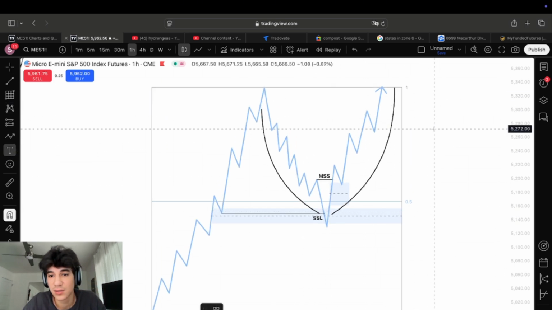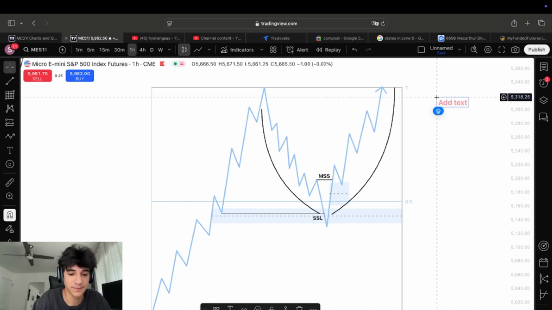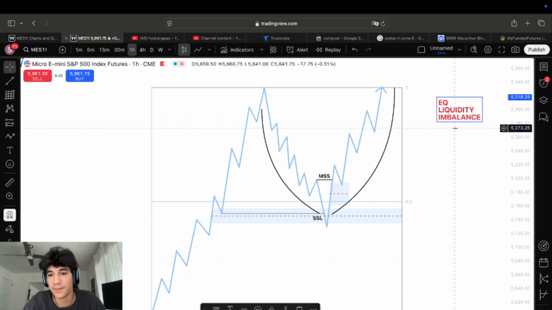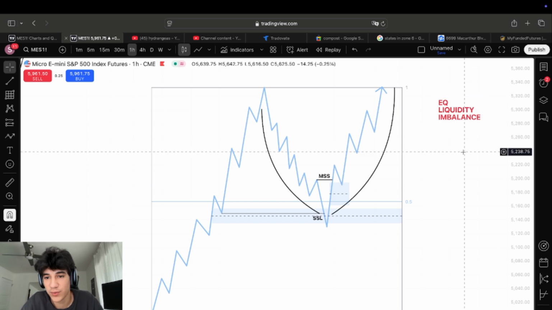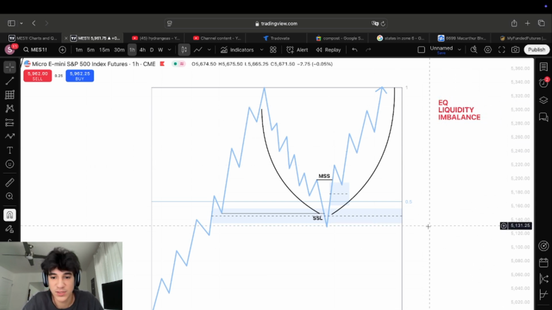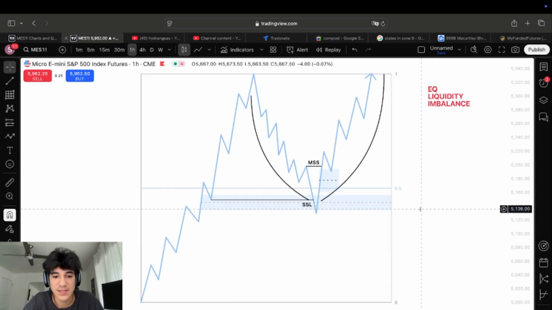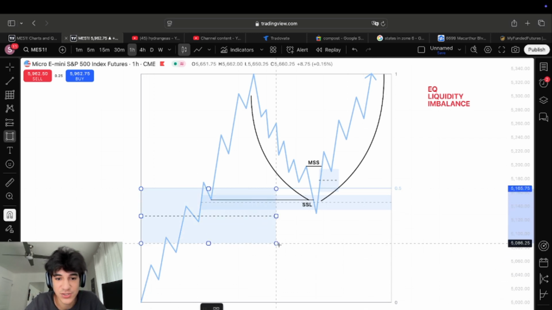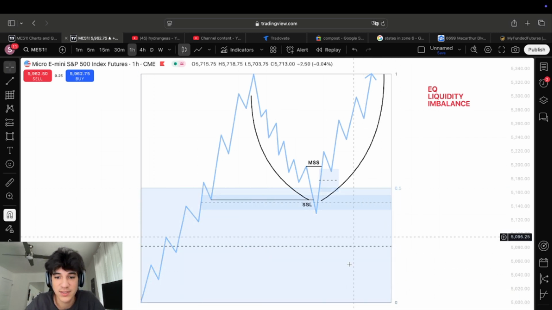This isn't in any particular order, but it usually happens like this. So now that we have these planned out, we see that equilibrium basically is like a discount zone. So think of this entire zone right here as being all in discount.